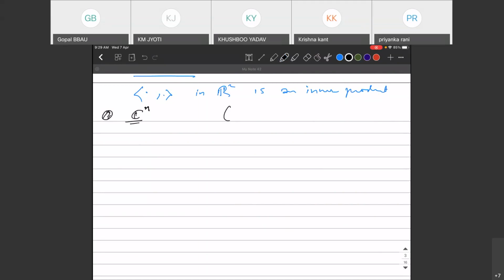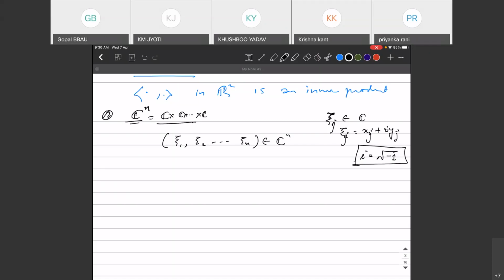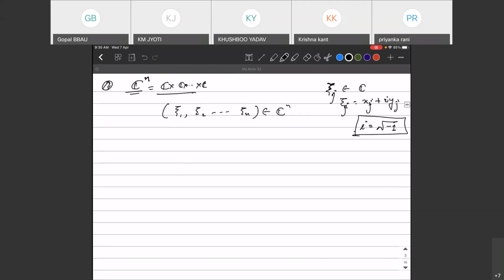Cn is nothing but the n-fold Cartesian product of C. So elements of Cn are of this form: (zeta1, zeta2, ..., zeta n), where zeta j belongs to C, which means zeta j would be xj plus i yj. Here this i is the imaginary unit.